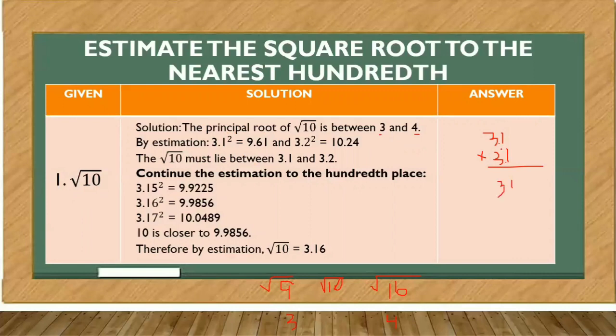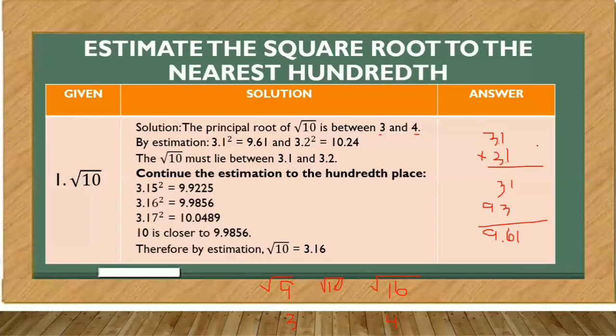And then 3 times 1, 3. And then 3 times 3, 9. 9, 6, 1. Ilang decimal point? 1, 2. So, 9.61. So, medyo malapit siya kay 10.